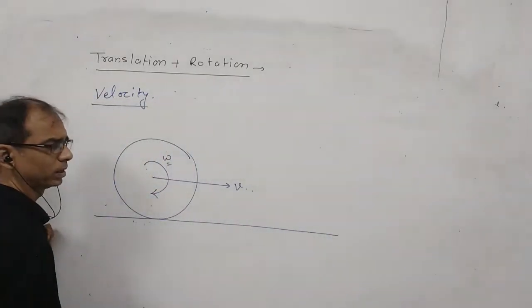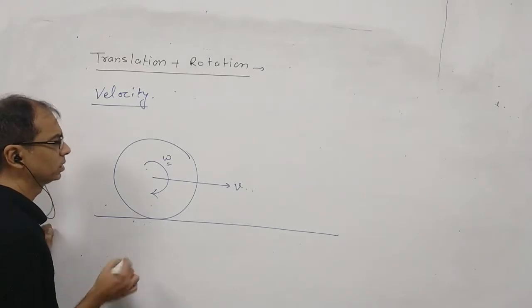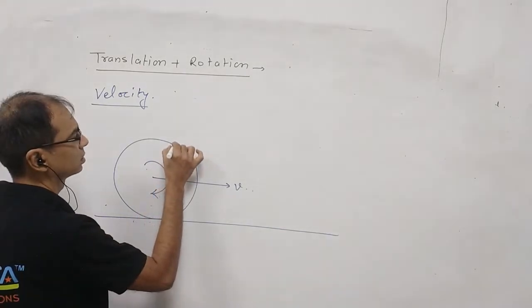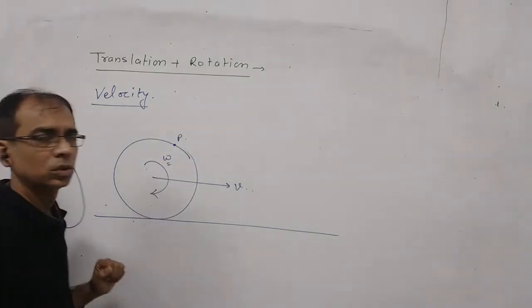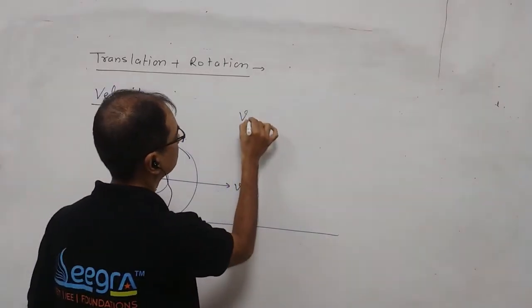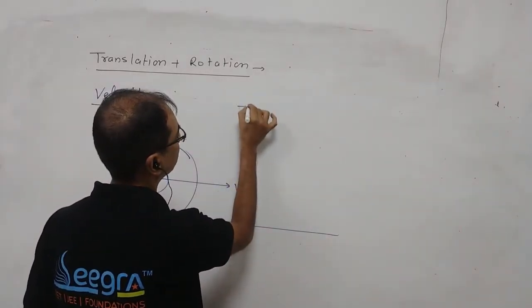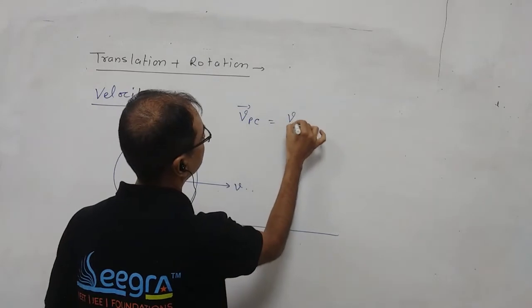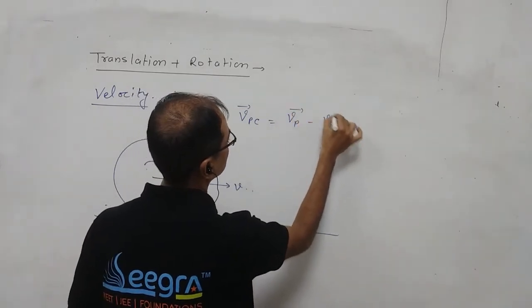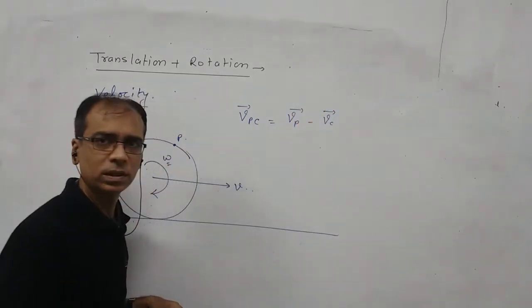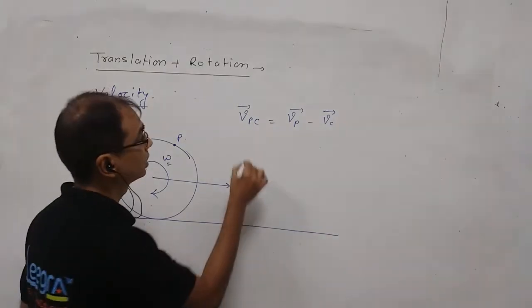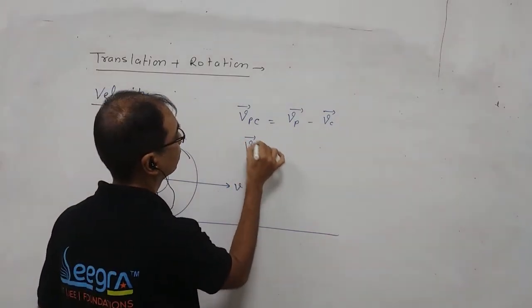Now choose any particle. Any particle we can choose in this one. Suppose particle is here. So velocity of particle with respect to center of mass, we write as what? Vp minus Vc. Yes or no? This is what we have studied. So velocity of particle, we can write what?